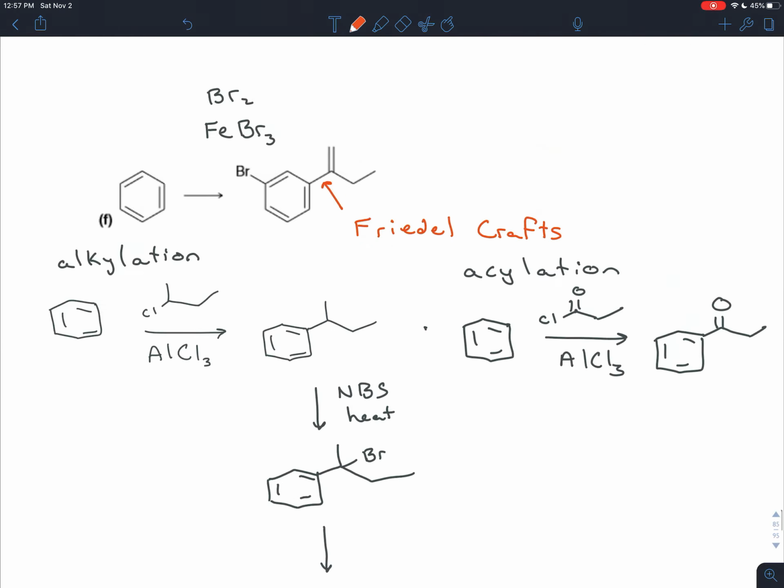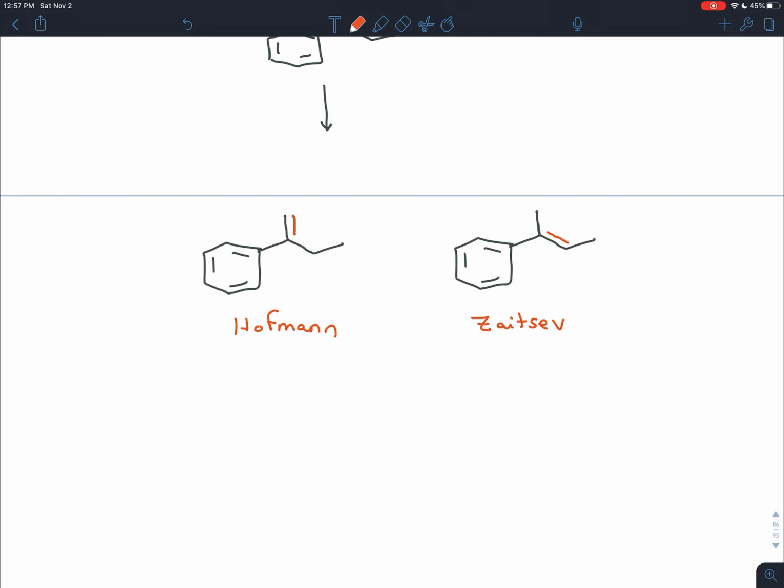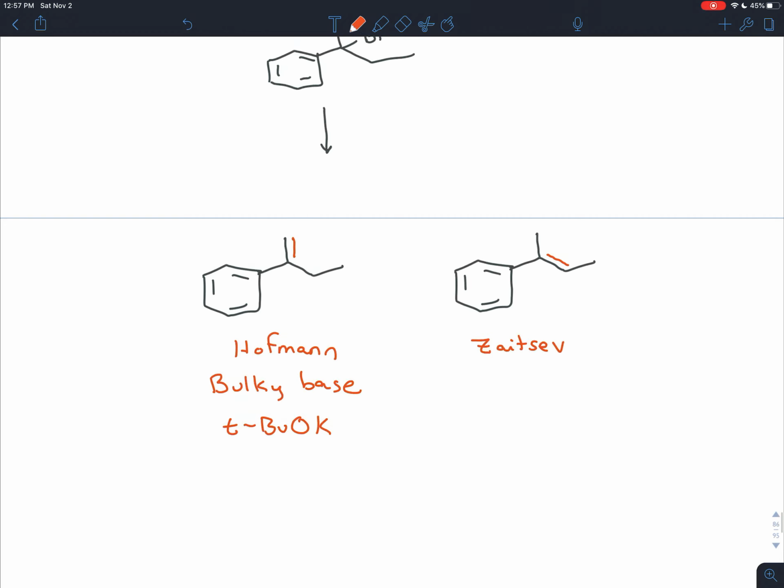We, in this example, would want the Hofmann product. And you get the Hofmann product by using a bulky base. Because as you can see, the hydrogen here that you'd be stealing is much less crowded than the hydrogen here. A bulky base will reach this better, and the bulky base you'd want to be familiar with is potassium tert-butoxide. So I'm going through this really fast because we've talked about it in more detail in previous videos.